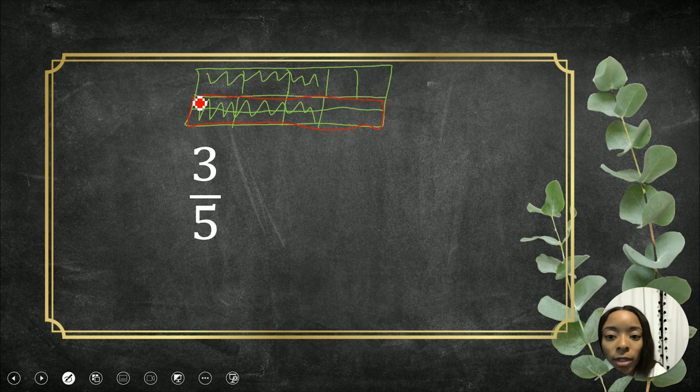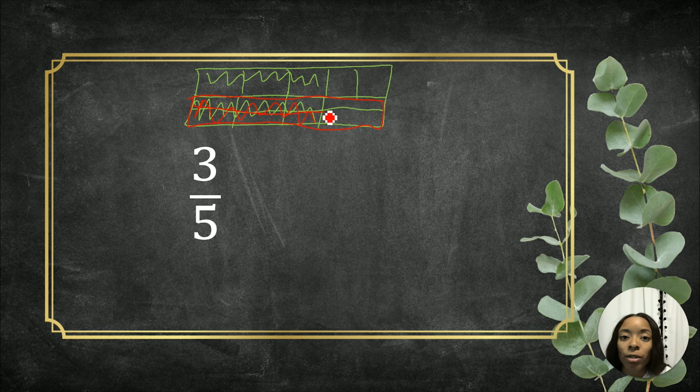So top rectangle and bottom rectangle with the 10 equal parts cover the same area. That's a visual representation, but we don't typically draw models for our tests. It's just good to understand what it looks like in our mind's eye.